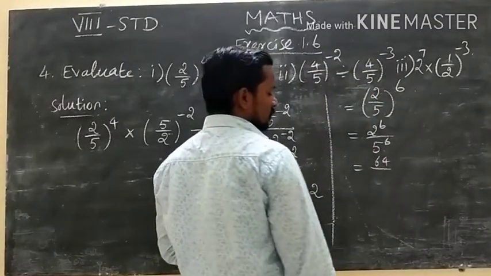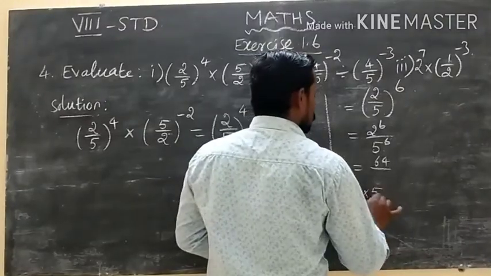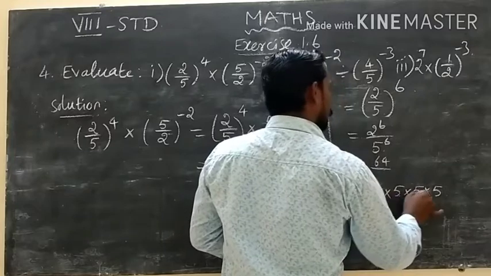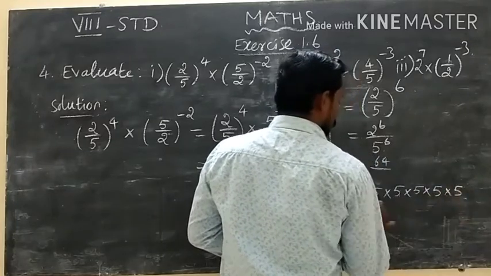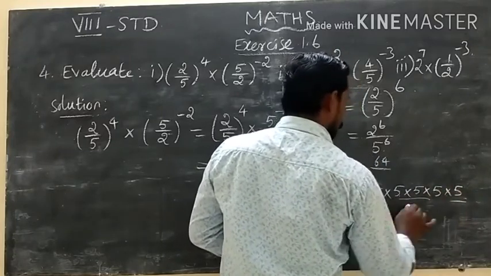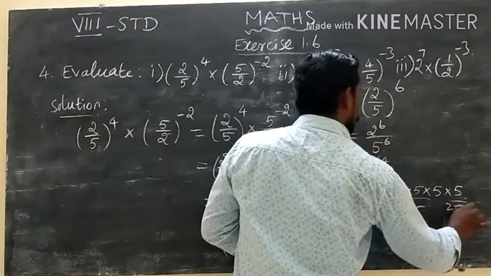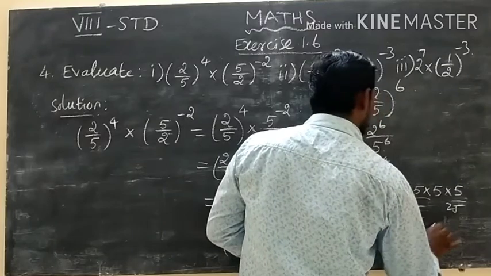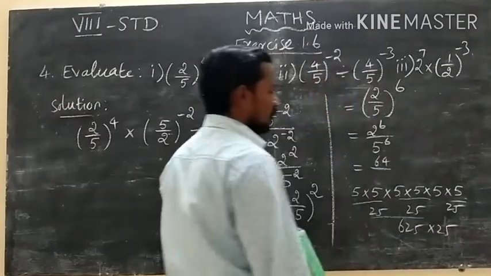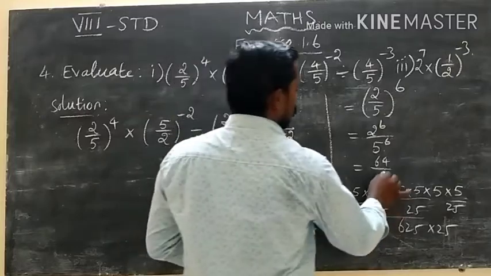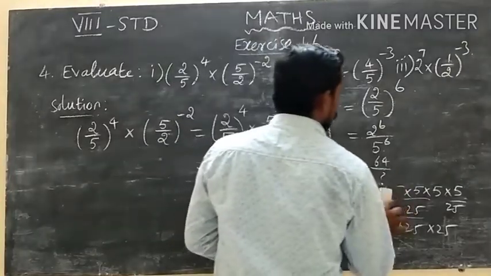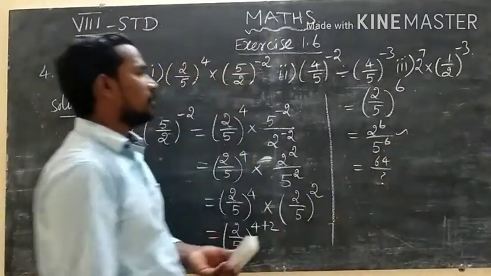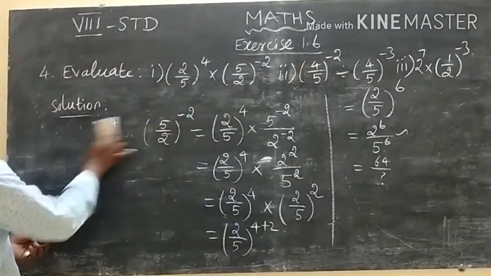Then 5^6 means 5 multiplied 6 times, which gives 25, 25, 25, which is 625 into 25. So you find out the answer of the denominator. This is the answer. That's all for the first question.